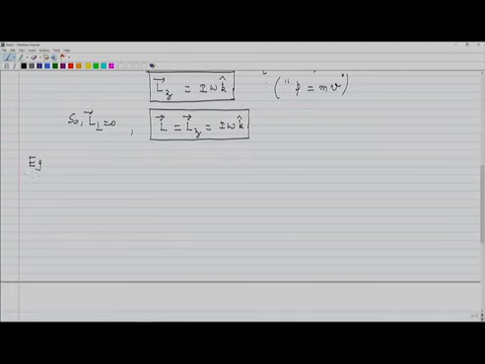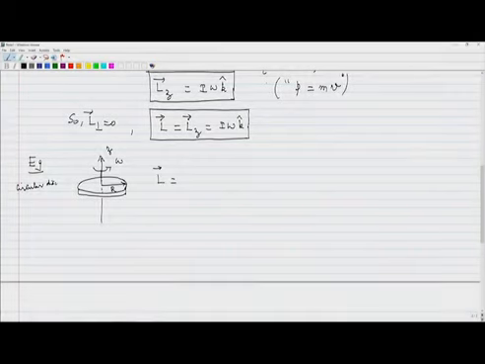Example 1. Let us say that I have a circular disc. This is the axis of rotation, this is Z, omega, and its radius is R. Now I want to write down the angular momentum vector.